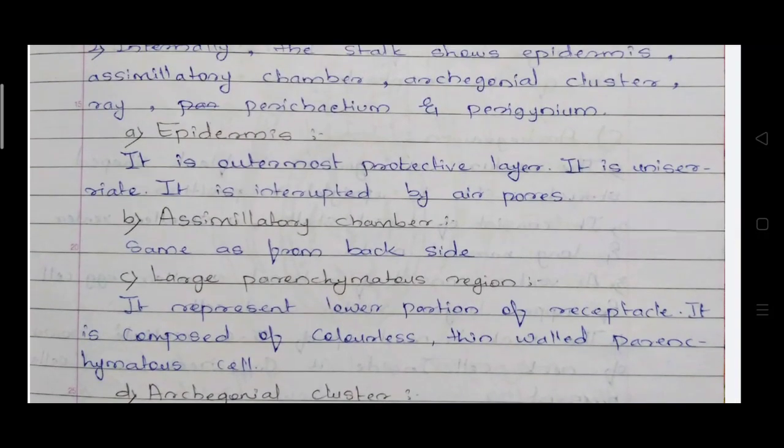Epidermis is the outermost protective layer. It is uniseriate and interrupted by the air pores. The assimilatory region is the same as in the Antheridiophore. It contains parenchymatous filaments, so they can produce their own food material.